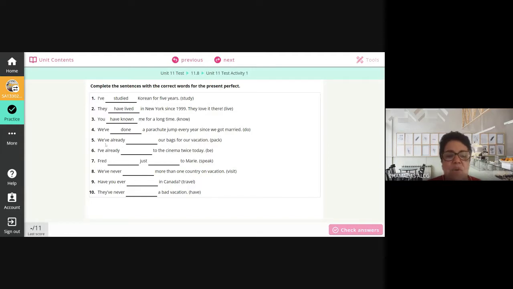So the first part is already here. Look, the auxiliary. So I just need to put the second part, the main verb. The verb to pack is regular. So it's easy. Okay? So let's put it. I just have to add ed. There it is. We've already packed our bags for our vacation.